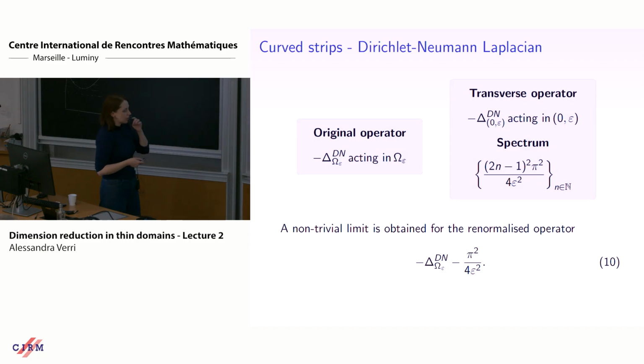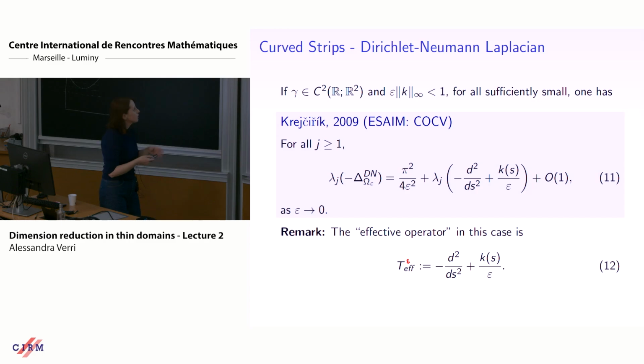Our transverse problem is the Dirichlet-Neumann Laplacian in the interval from 0 to epsilon. Here we have this characterization of the spectrum, and here we subtract the first eigenvalue.